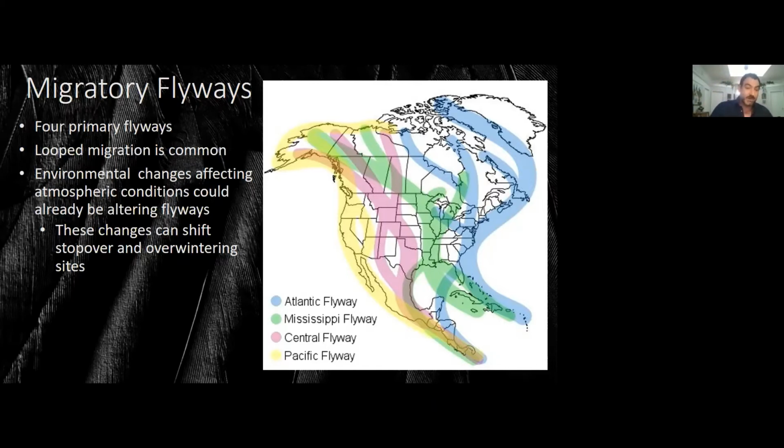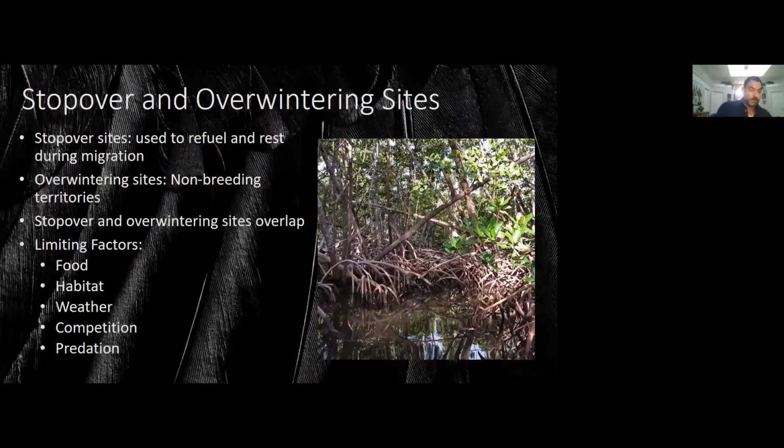And they're not necessarily going to automatically know what the shortest distance is either. They are highly influenced by different air currents. They're also influenced by weather patterns, by suitable stopover sites where they can go and rest during their journey, and also by feeding sites where they can stop and refuel.